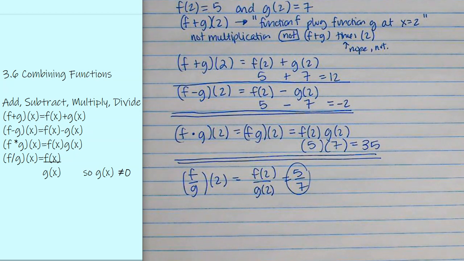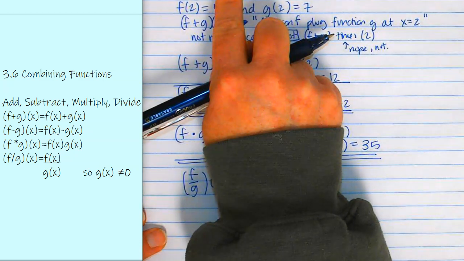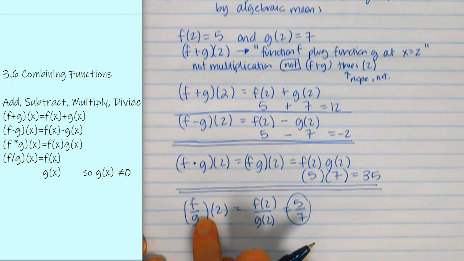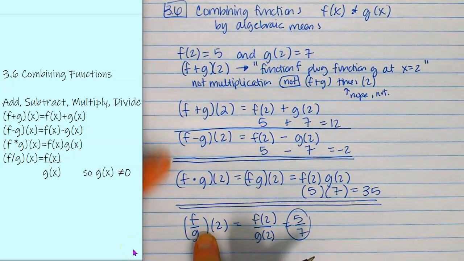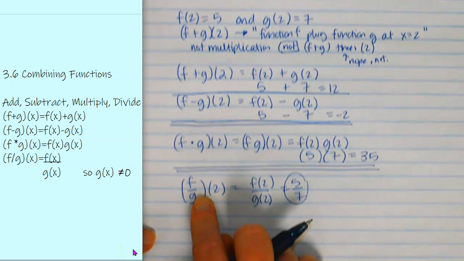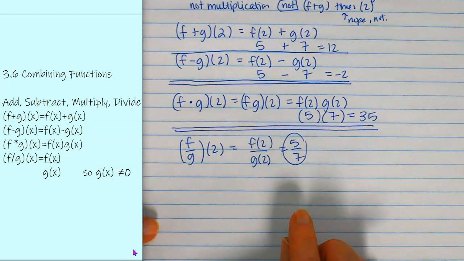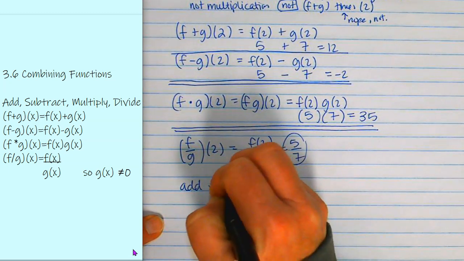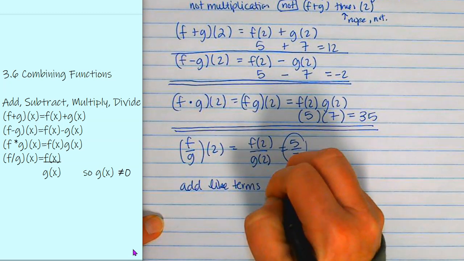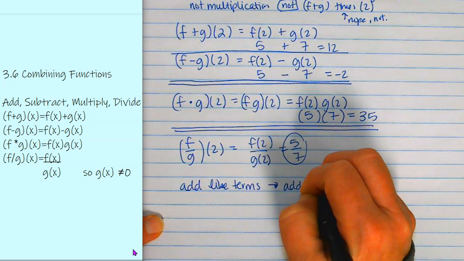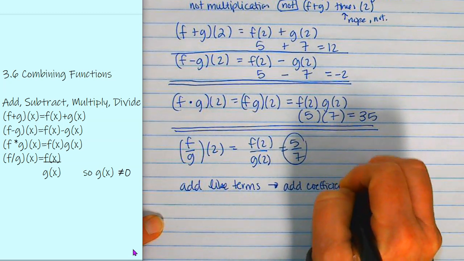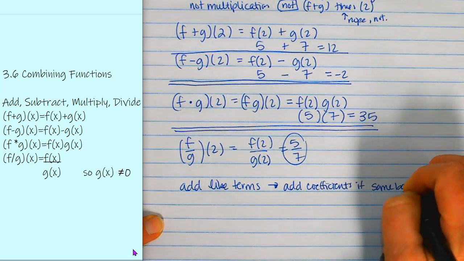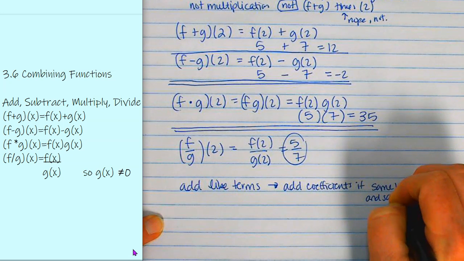So what we're doing is we're combining functions through addition, subtraction, multiplication, and division. And basically, we're going to do things like add like terms, which means that we add the coefficients if we have the same base and same exponents.